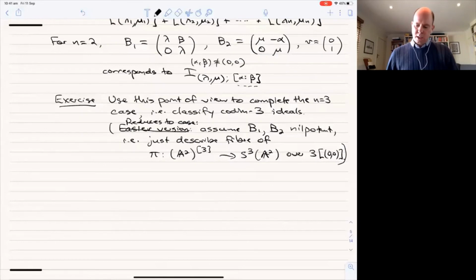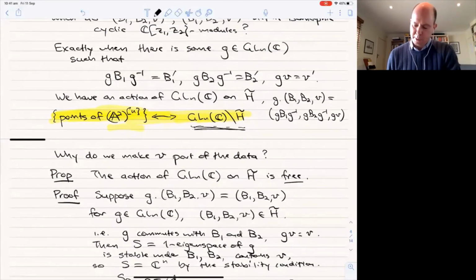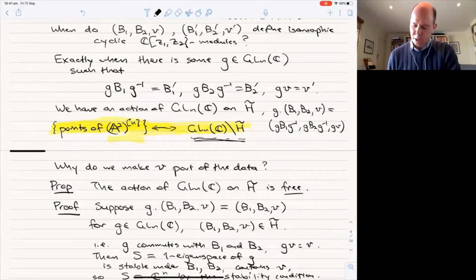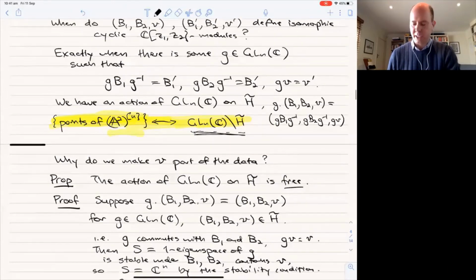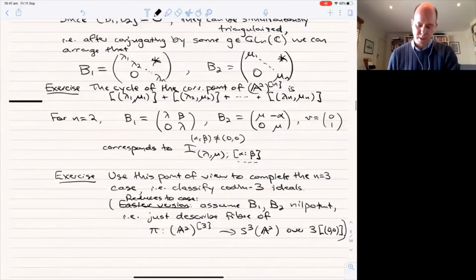Okay, so I just want to explain for the benefit of those who are new to this how you think of a quotient like this as a variety. First of all, we need to think of H tilde as a variety. That part's not so hard.